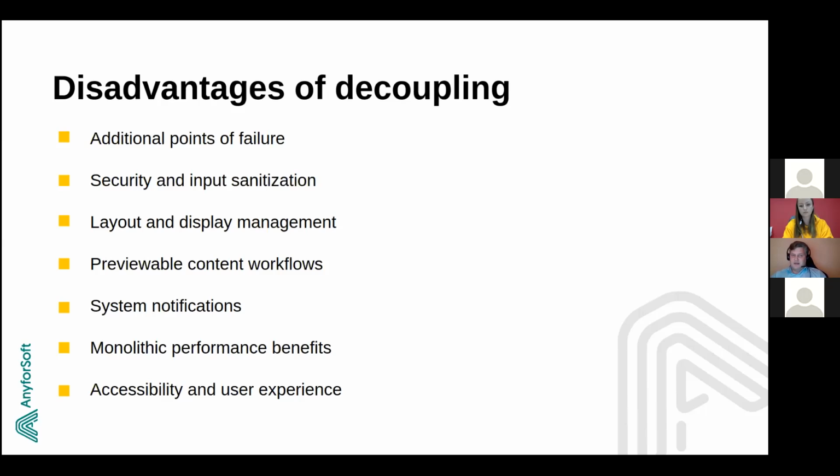The second thing is that when we are doing decoupling, we could have some trouble with security and input sanitization, because, as I said earlier, the front-end part is based on third-party applications like a React application.